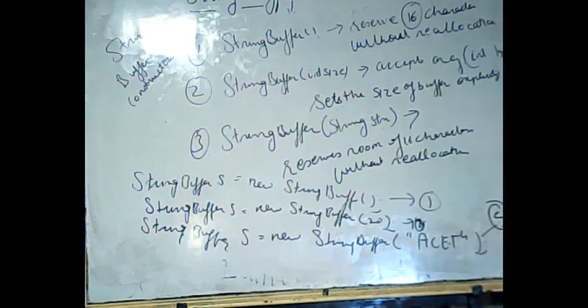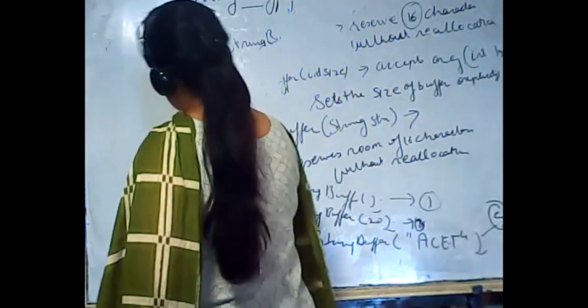Similarly, we have some methods of StringBuffer also. We can have a look at all these methods, and later on we can practice some exercises on the same. Okay, so I will just give you a brief view of all these methods.